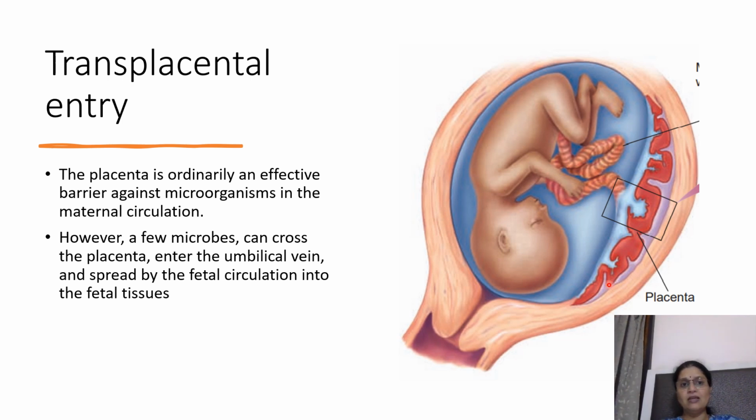But sometimes the placenta itself will become a route of entry for certain microorganisms, especially viruses. Okay, so some microbes can cross the placenta. They will reach the umbilical cord or umbilical vein, and from there they will enter the fetal circulation and start spreading to various tissues of the fetus.